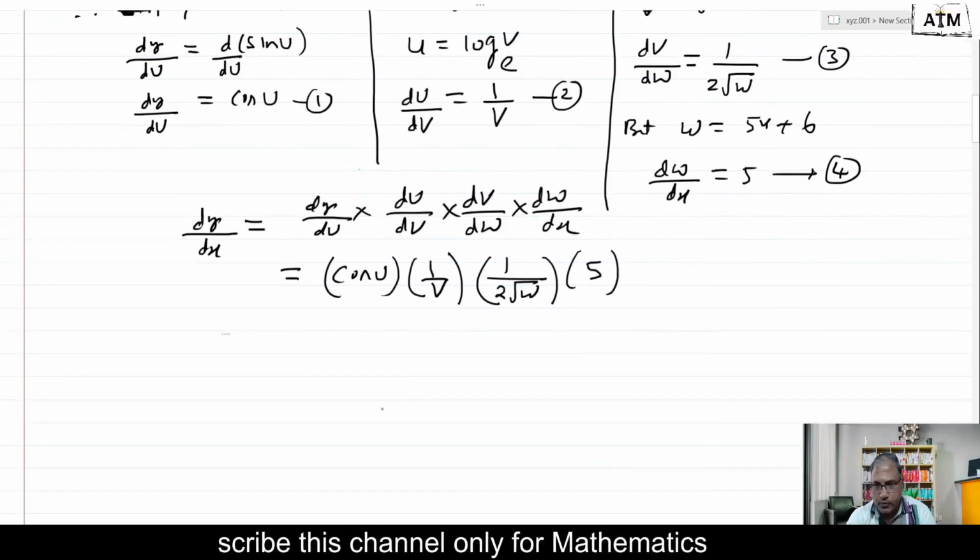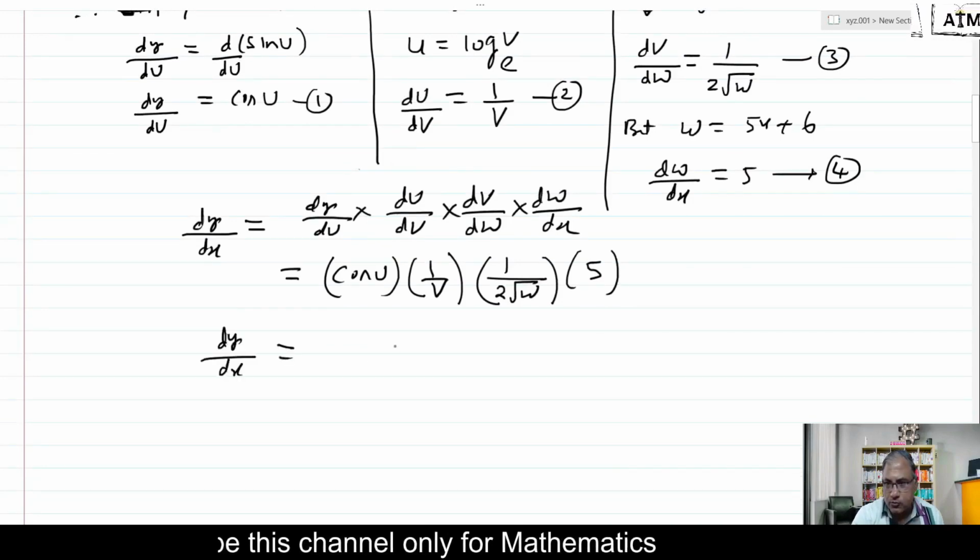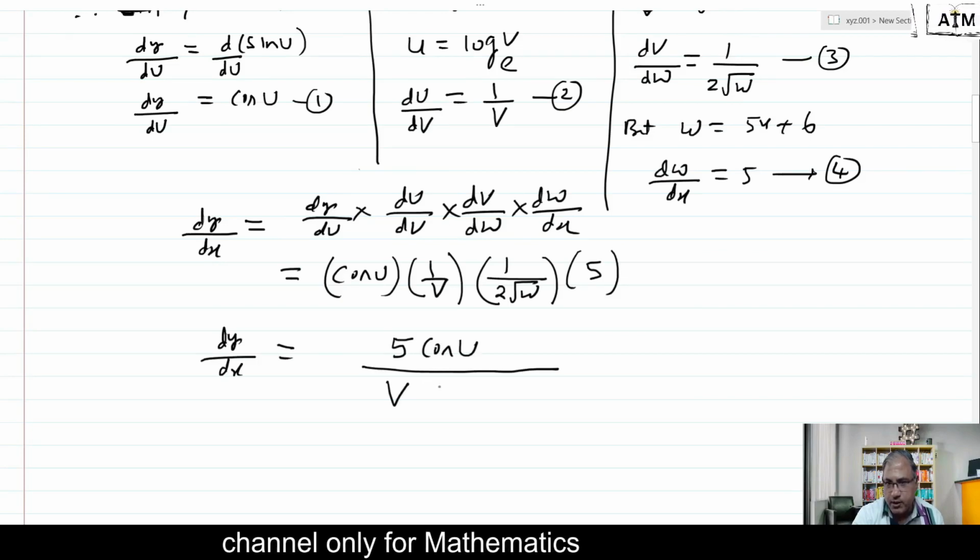So dy by dx equals 5 cos u upon v multiplied by 2 root w.